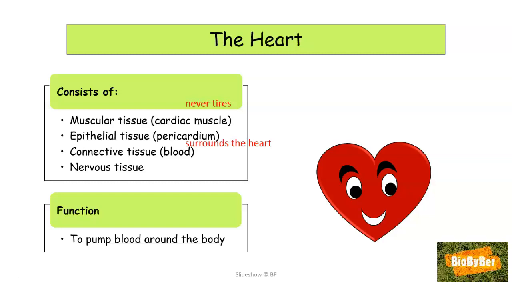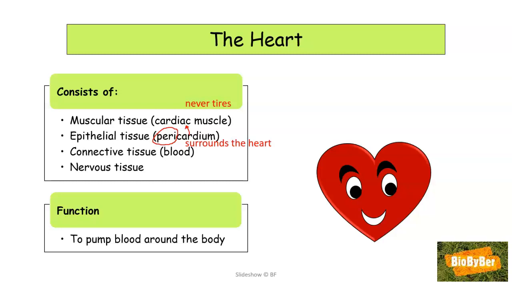This is easily remembered. Looking at the word, we can see peri, coming from the word perimeter or around the edge, and cardium coming from the idea of cardiac. So the heart organ is composed of epithelial tissue or the pericardium, which surrounds the heart. It protects the heart, it lubricates it, it actually helps to keep it in place within your chest.